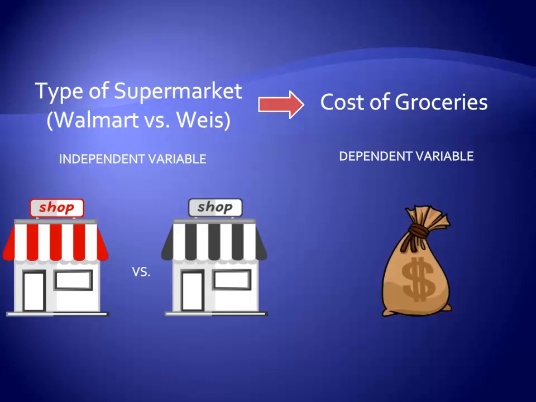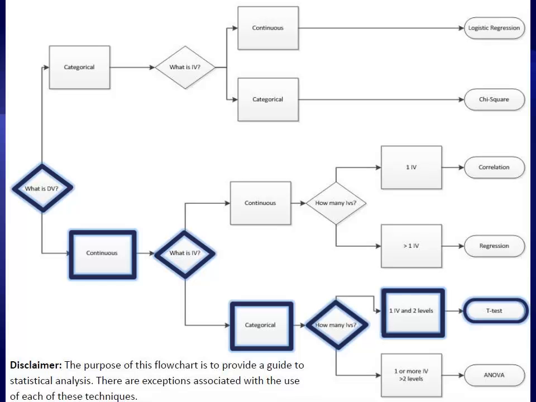On the other hand, the dependent variable is the cost of groceries, which is a continuous variable. Using the flowchart, you can see that with a DV that's continuous, and an IV that's categorical and only has two levels or subcategories, a t-test would be the most appropriate test.